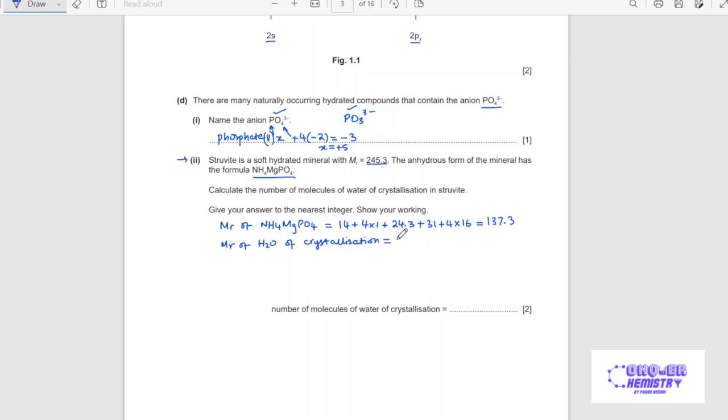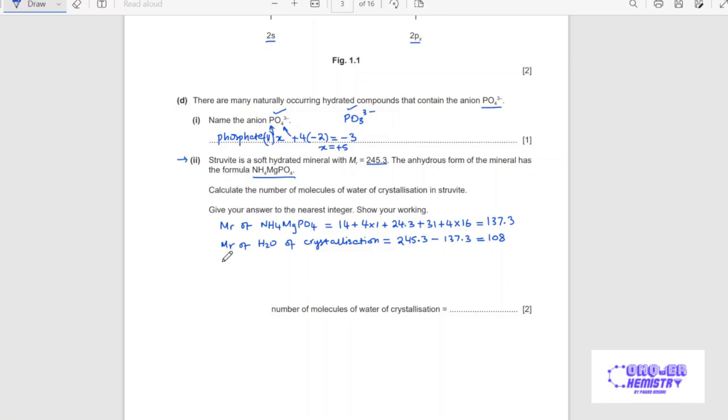So we take the MR 245.3 of the hydrated salt minus the MR of the anhydrous salt, and that's going to give us 108. So in 1 mole of struvite, the hydrated salt, we're going to have 108 grams of water of crystallization, right?